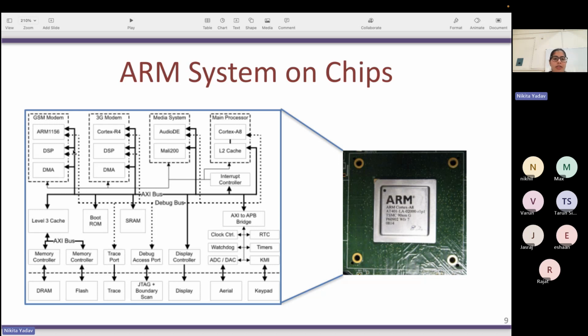Now, because the different modules can be fabricated on the same chip, the chips have become smaller, and that's why your mobile devices have also become smaller. That's nothing related to TrustZone, but we just see that all of these components are present on this same chip.